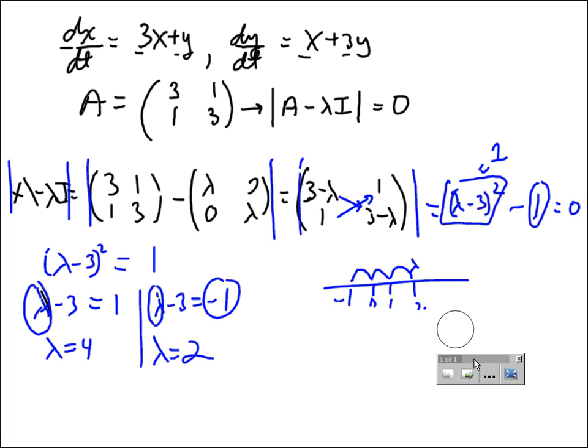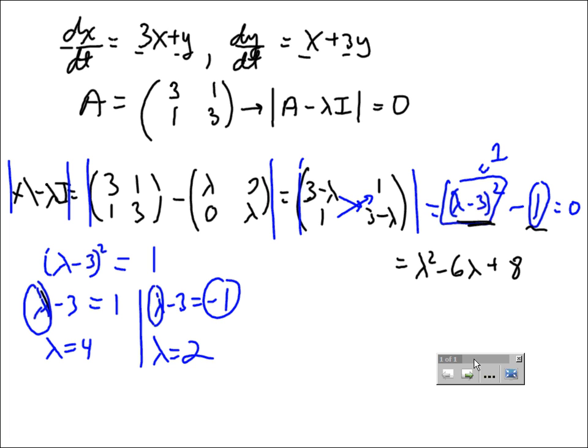Just for the record, another way to have solved this is to actually square this. You get lambda squared minus 6 lambda plus 9 minus 1, which is plus 8. And when you factor that, you get lambda take away 4 times lambda take away 2.